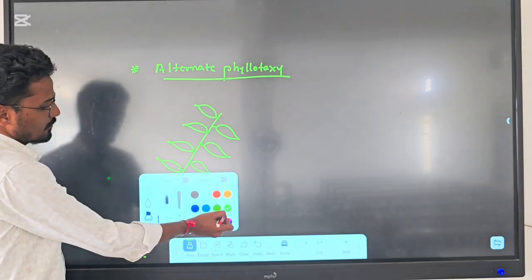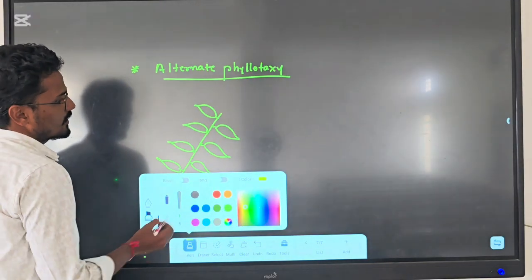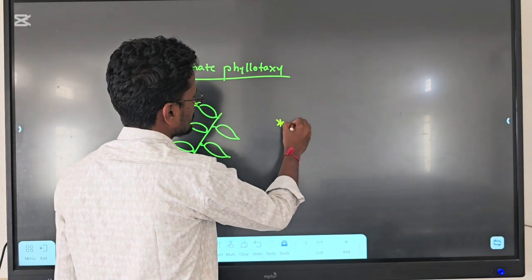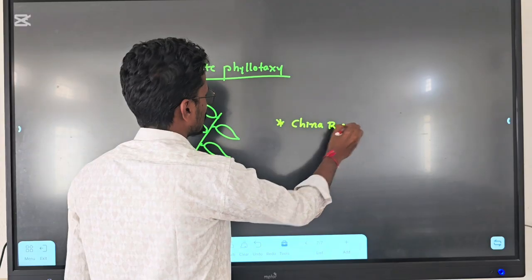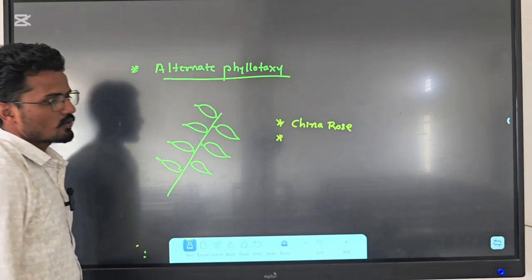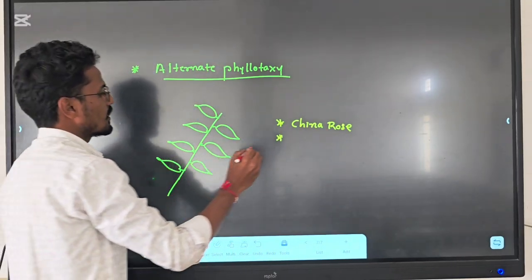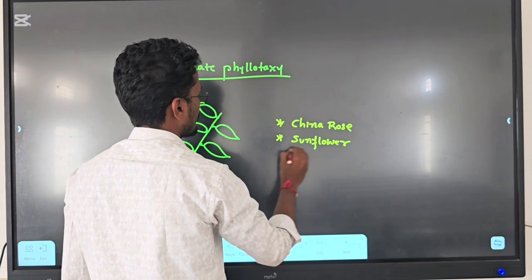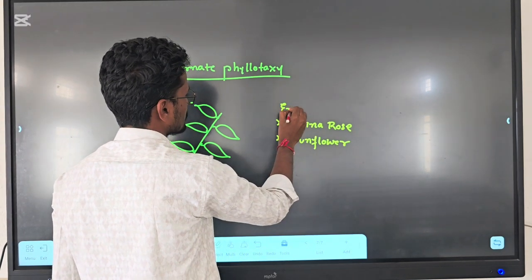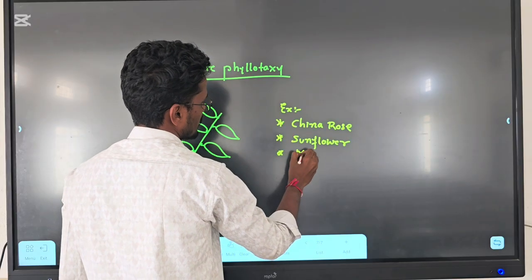Examples, as your NCERT mentions, are China rose, sunflower, and mustard.